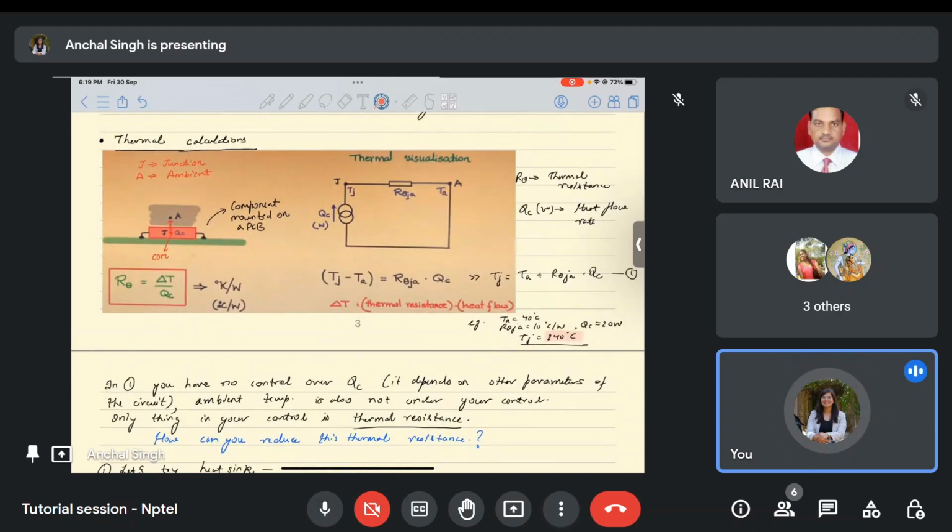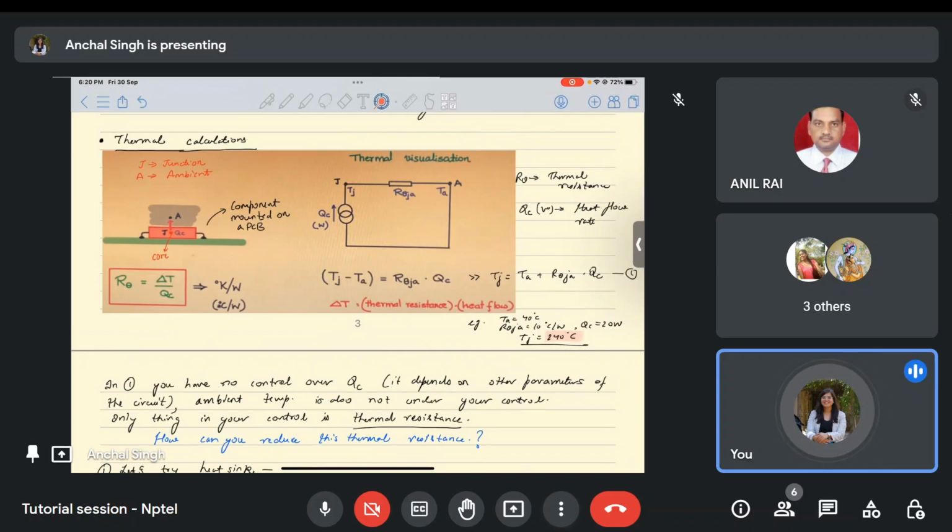Now, in order to understand the thermal domain, which is not exactly our domain, right? We are inclined towards electrical, so in order to make an equivalency of the thermal domain to the electrical domain, we try to analyze these thermal systems using an electrical equivalent model.